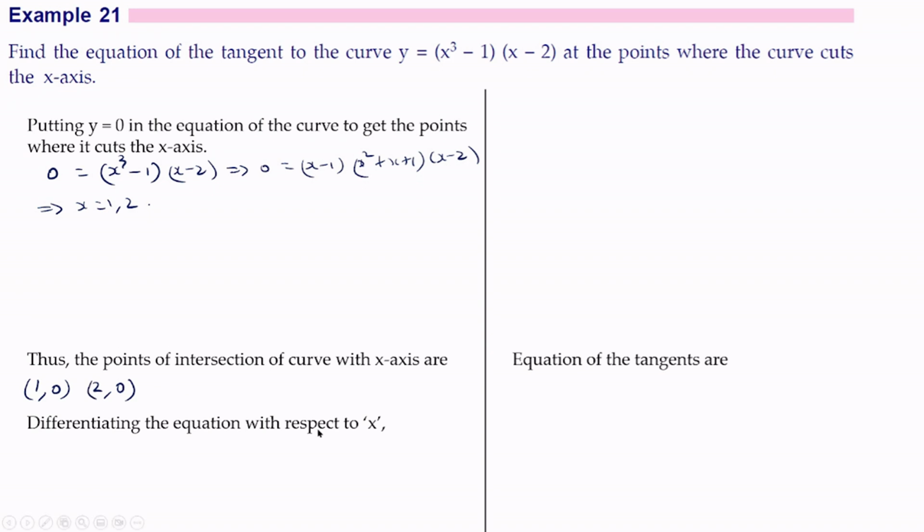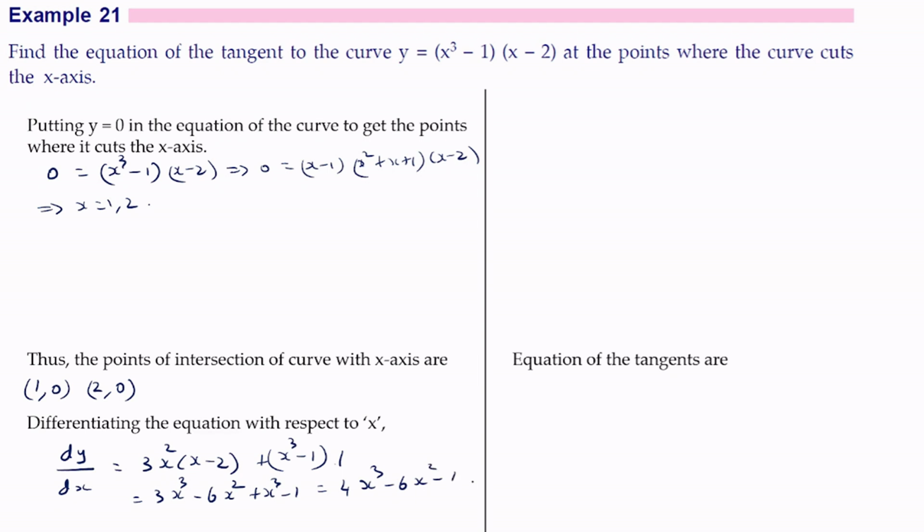Now let us find the slope of the tangent. For that we have to differentiate this equation with respect to x. dy by dx equal to, let us use the product rule, 3x square into x minus 2 plus x cube minus 1 into 1. So this is 3x cube minus 6x square plus x cube minus 1, which is 4x cube minus 6x square minus 1.